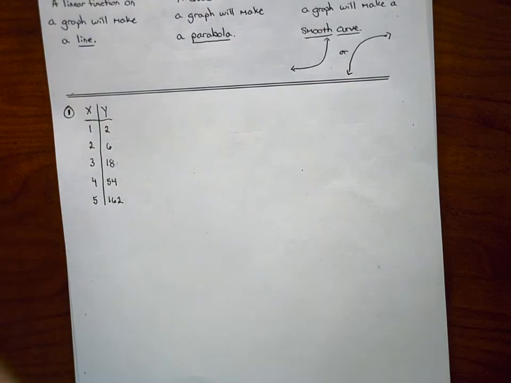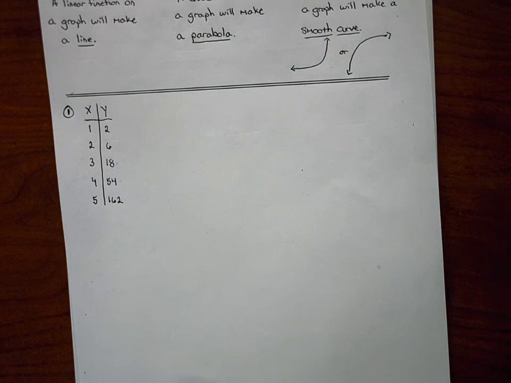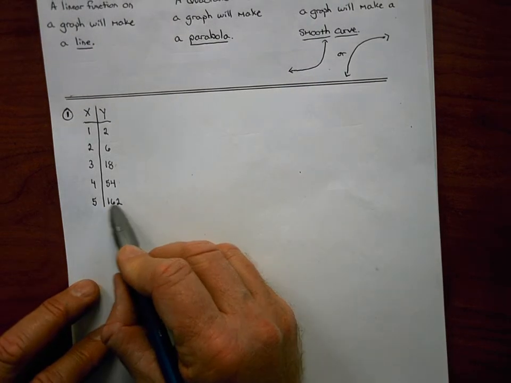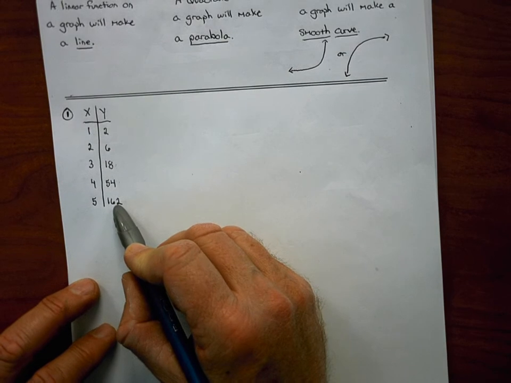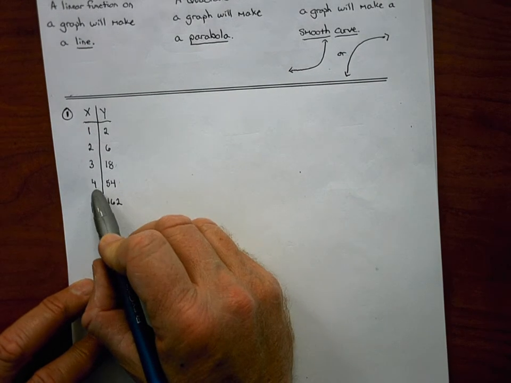What type of function is this? Is that a linear function, a quadratic function, or an exponential function? First of all, can you see why you wouldn't want to graph this? I do not want to graph over 5, up 162. I don't even want to graph over 4, up 54.